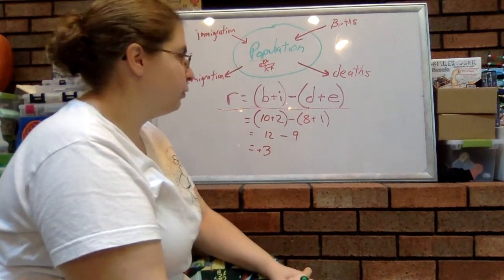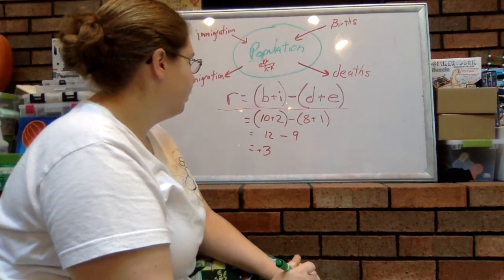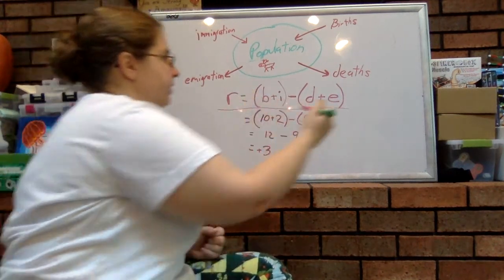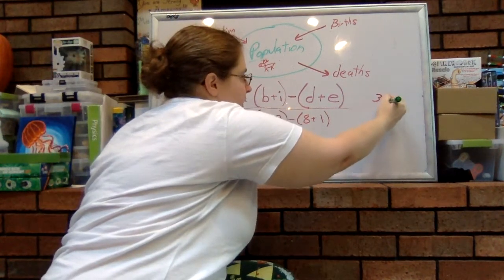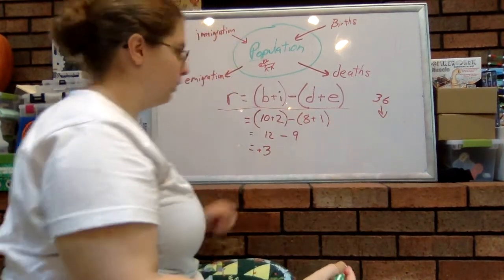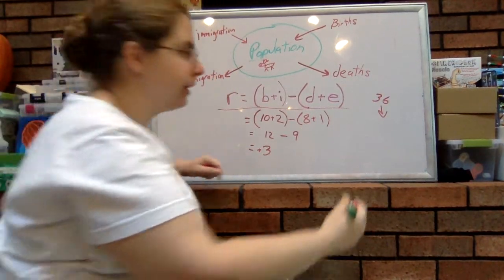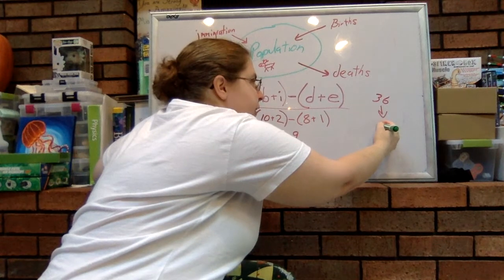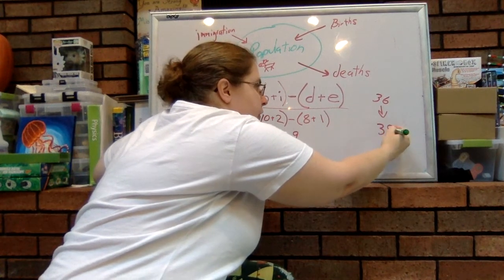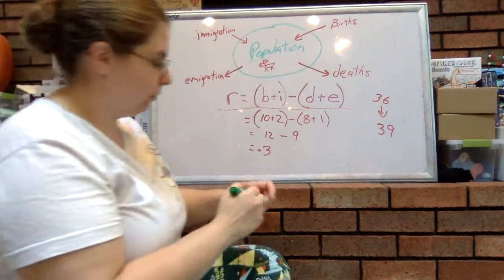So that means if the original population was 36, it is now, with a net gain of 3, the population has increased to 39 individuals.